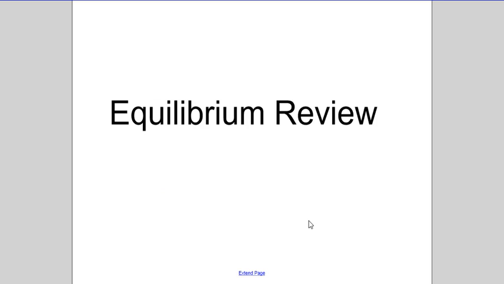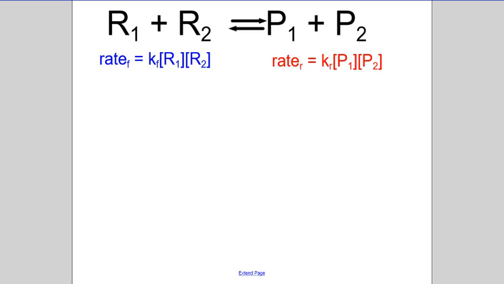So quick equilibrium review, since this way looks at solving equilibrium problems. So reactant 1 plus reactant 2 equals product 1 plus product 2. The forward rate is going to be this rate constant times reactant 1 times reactant 2.